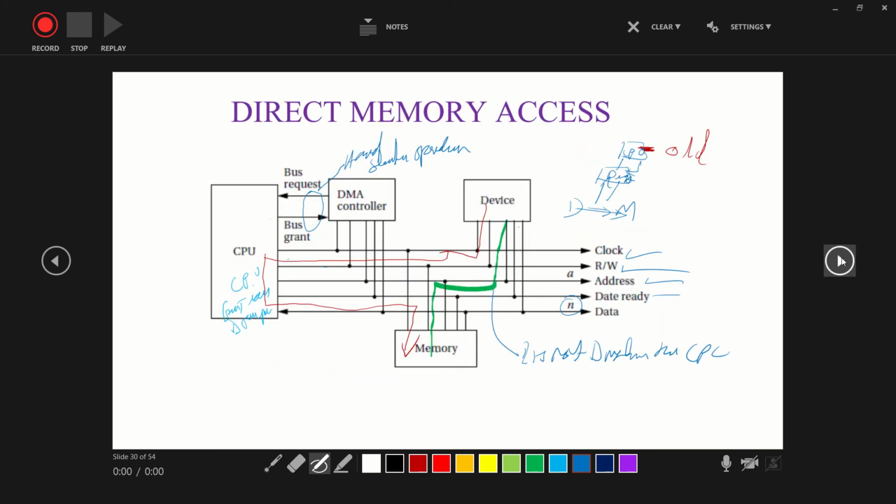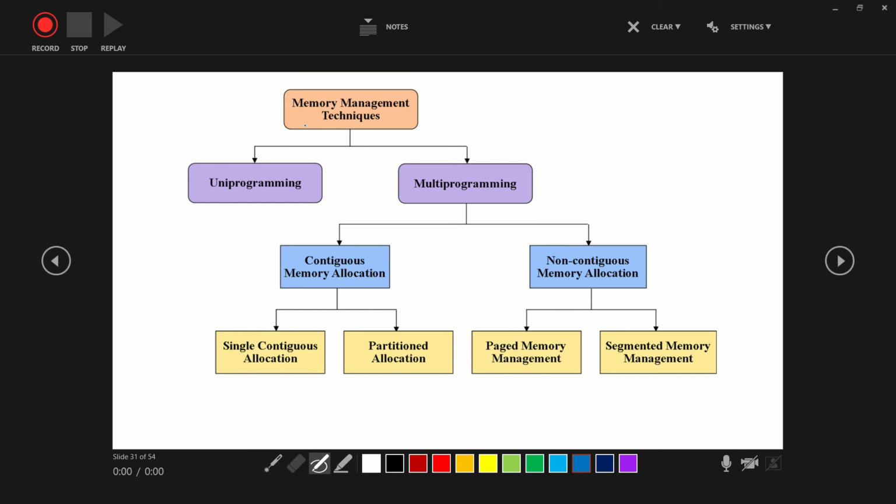So how are we going to select the memory, and how are we going to manage the memory? As per the requirement, we assume we need how much RAM, 1 GB or 4 GB RAM is required.